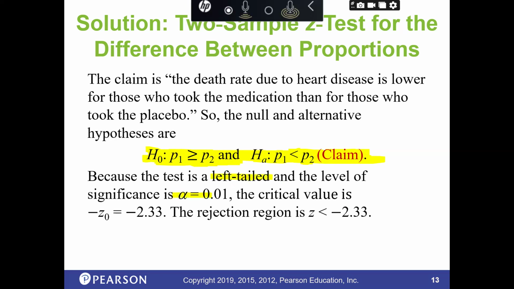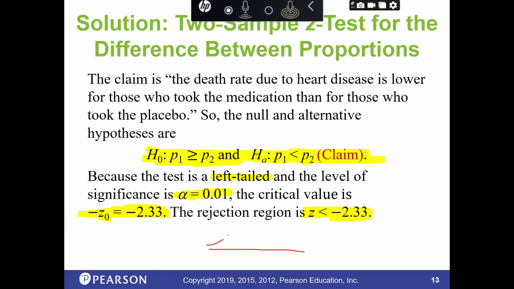If you have an alpha level of 0.01, your rejection region starts at negative 2.33. It's a left tail test only, so the rejection region is only on the left side. Negative 2.33 is the start of the rejection region if you want to draw it out.